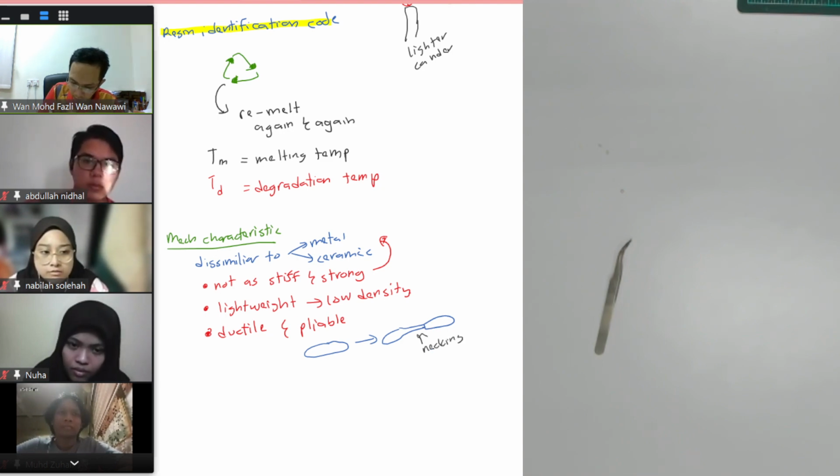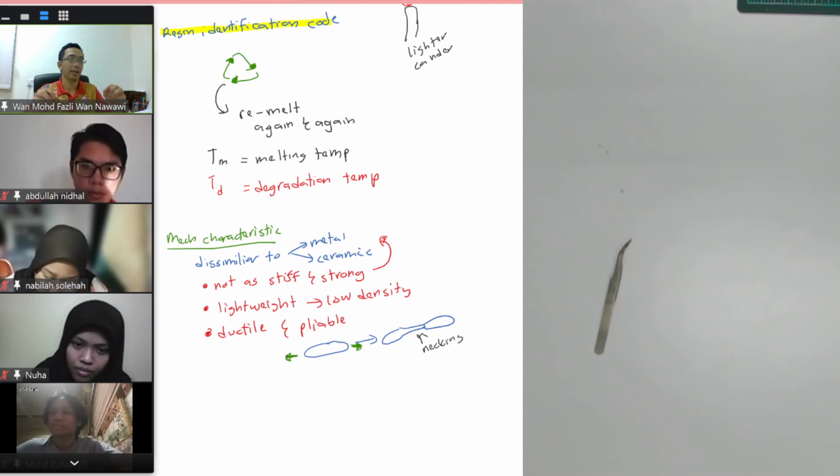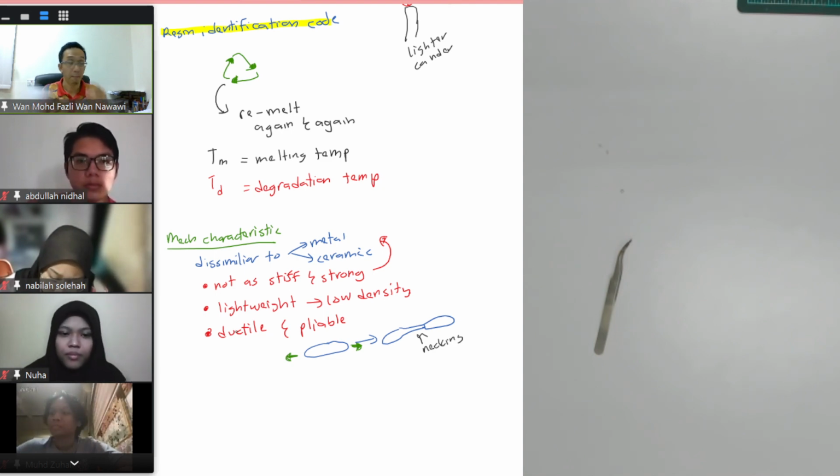When you pull the plastic, you get something like a neck, what we call necking. When you pull in opposite ways, you have this necking, and this normally you can also see in metal, but ceramic no, ceramic is normally brittle, it just breaks like that. Metal and plastic have this ductile property.